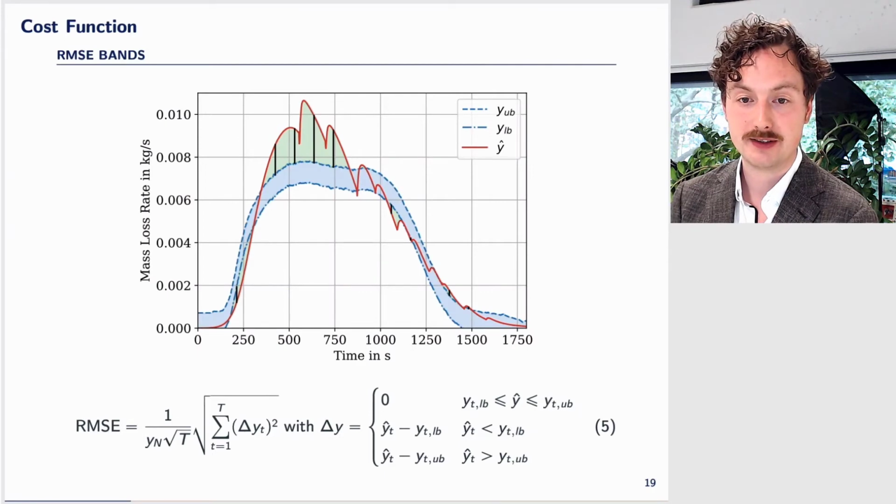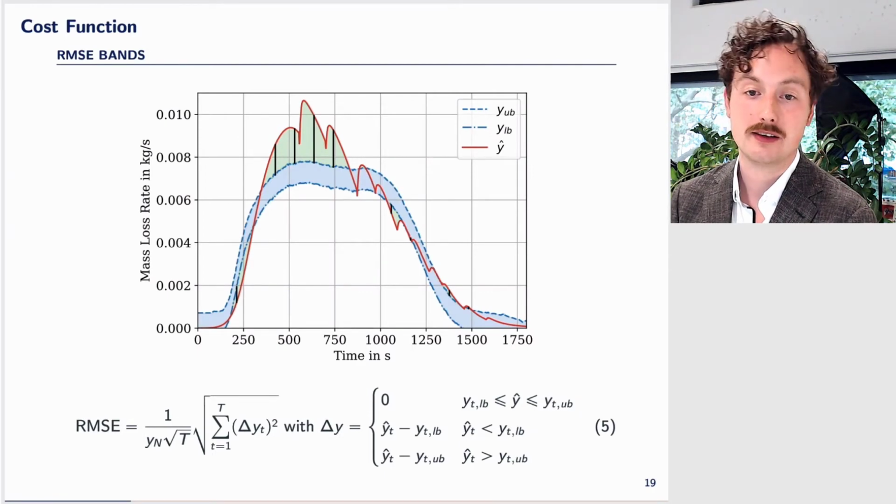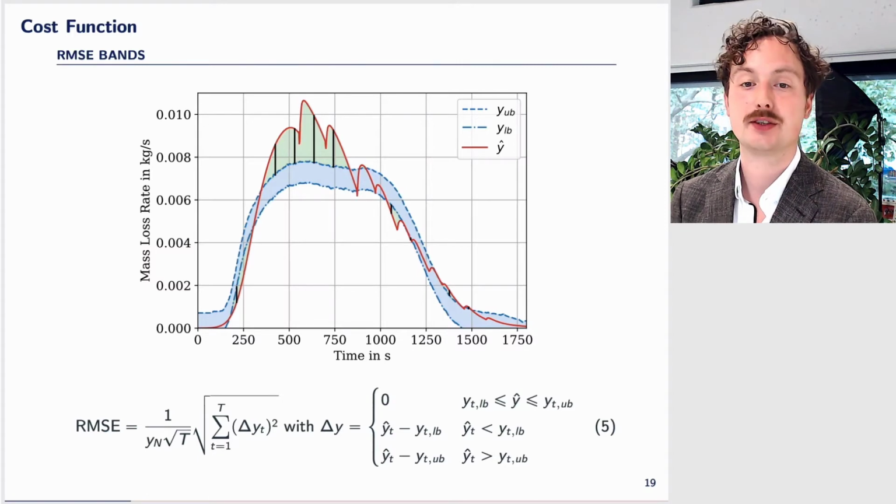But a strict comparison of experimental and simulation data will never reach 0 values. What would be a perfect fitting? To face this aspect, a cost function that uses a data band is introduced. Assuming uncertainties in the experimental and simulation data, this is not limiting the quality of the inverse modeling.